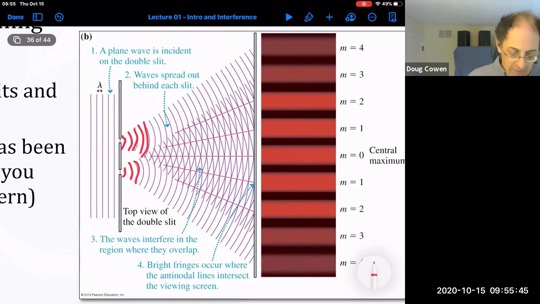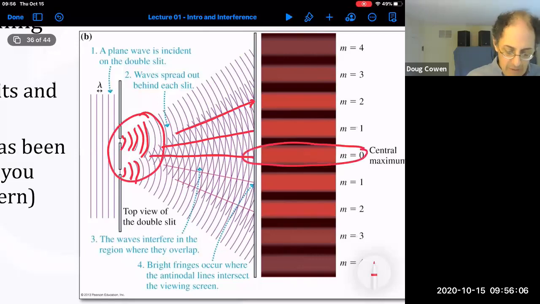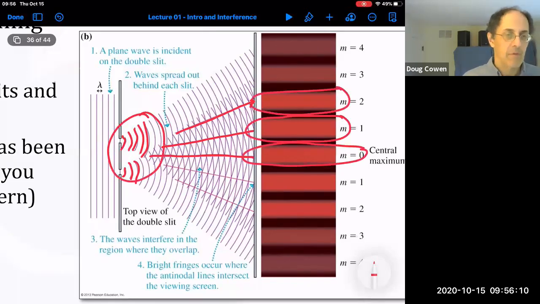And then as they travel, they overlap with one another, and along this line here and along this line here, and all these lines, they interfere constructively, these two sets of waves coming out of here. And so you end up with a bright fringe wherever that constructive interference has occurred. So I've circled a few of those cases here.